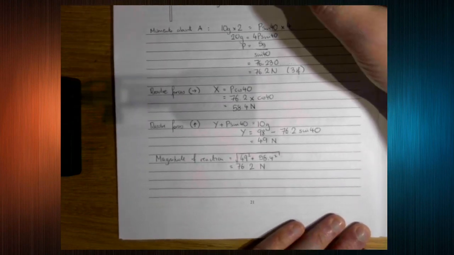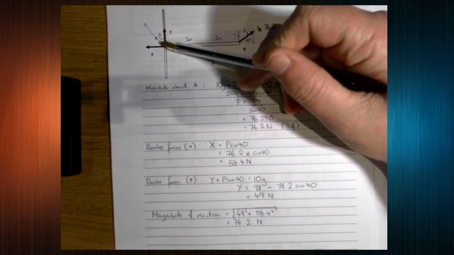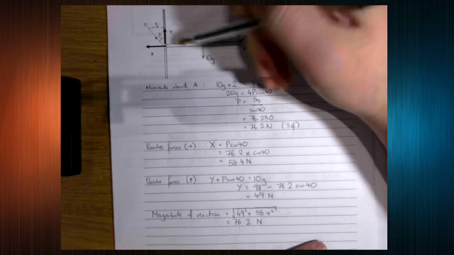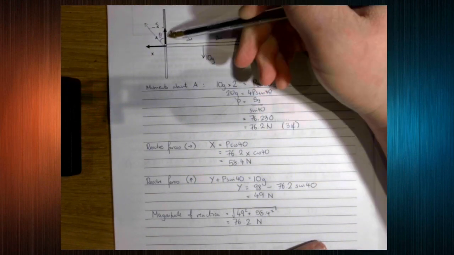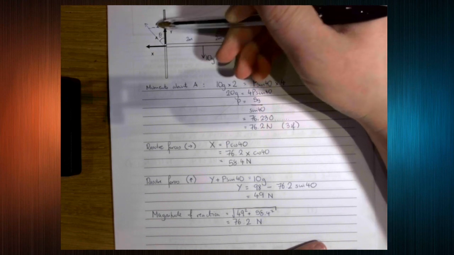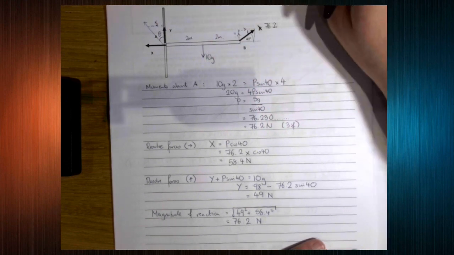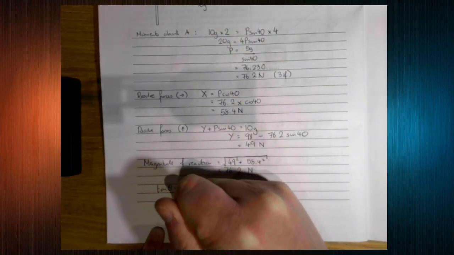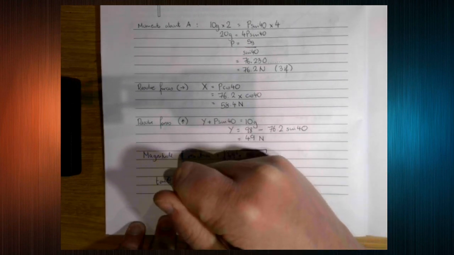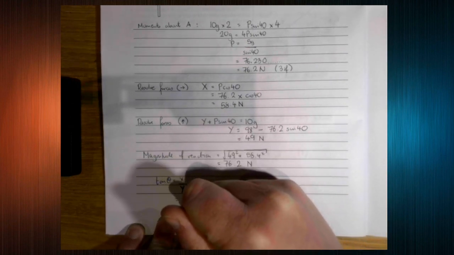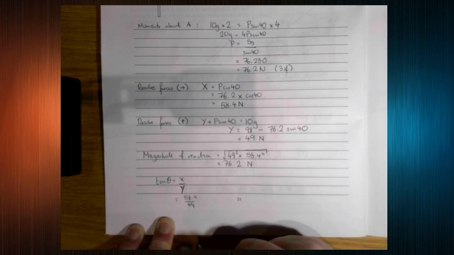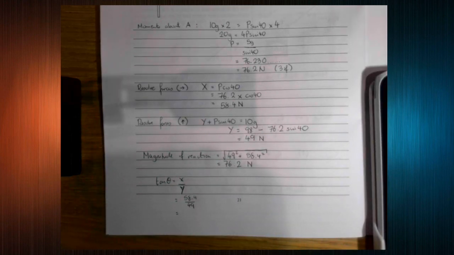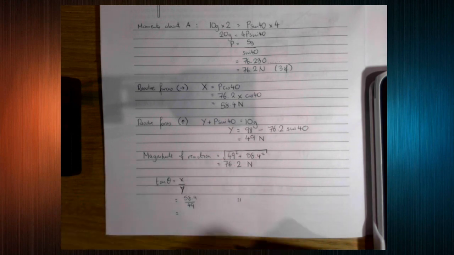So we can see from our diagram above, we've got our X and Y, this here, so that's X. So opposite over adjacent, tan theta is X over Y. Okay, whoops, like I said, Y. So we've got 58.4 over 49, which comes out as 1.19.